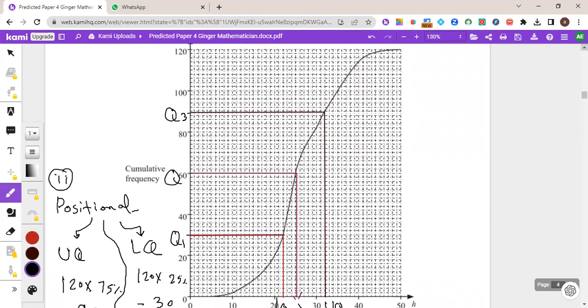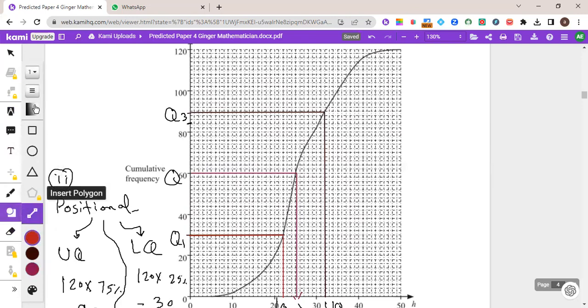So I will go to 84. Here 82, 84 is here. So I will draw a line. Then I go down.